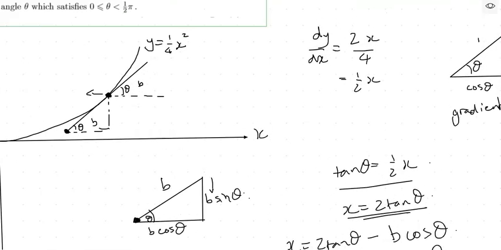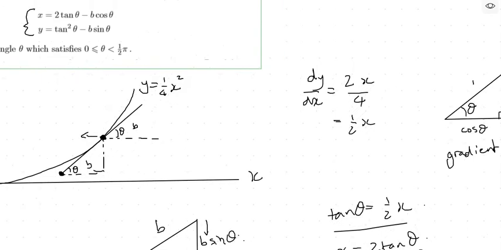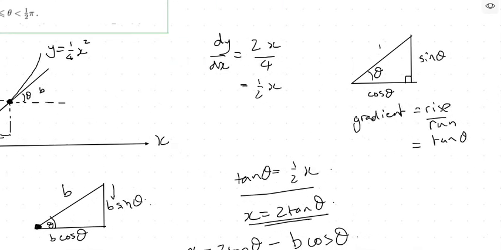So let me explain again. The first thing that I did was I differentiated my curve to give me a half x over here. I put a little 1 next to it, I did in red.